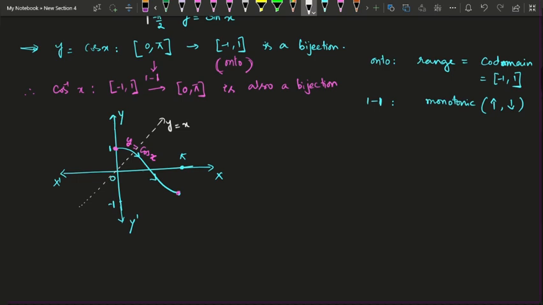Now I am going to draw the graph of y equals cos inverse x. It looks like this. Here we have to choose minus 1 and 1 on the x-axis, and 0 comma pi on the y-axis.